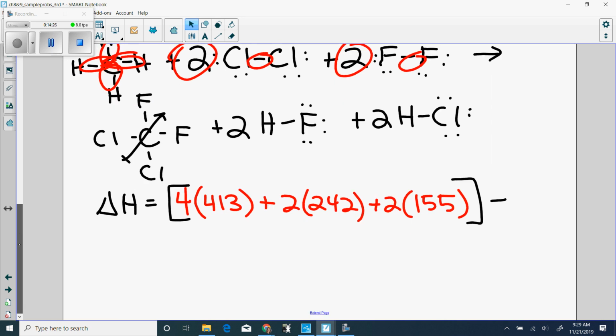Okay, go ahead and do the products. Pull them off the chart. Use your coefficients. Count your bonds. Bonds are lined.